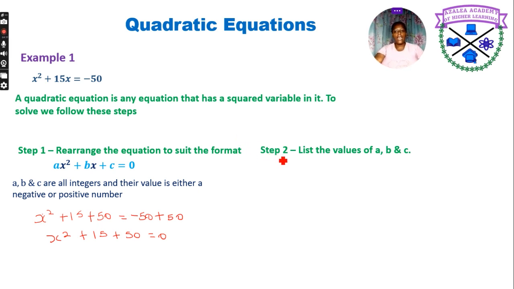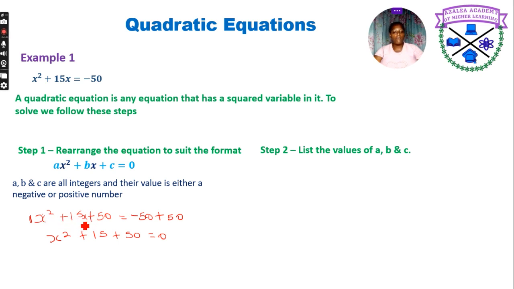Okay. The next step we want to do, we want to list the values of a, b, and c. Remember that a, b, and c are either a negative number or positive number. How do we get this? Well, this x squared means that 1 is multiplied by it.